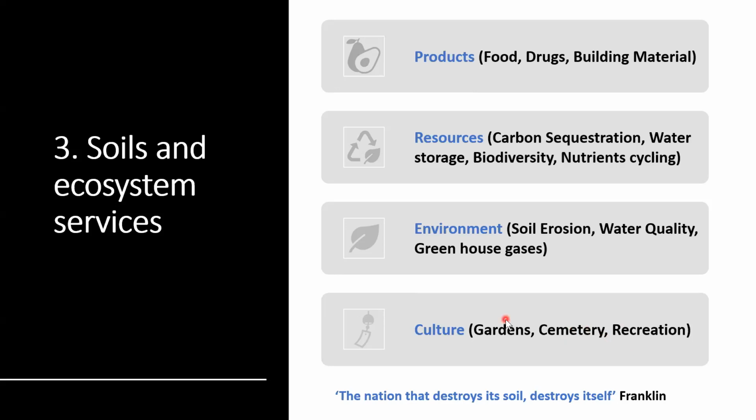Cemetery is the burying of dead bodies, of animals and humans, so the soil is working for us in that sense as well. Then recreation, sports, and many other activities are done on the soil surface. So these are basically the ecosystem functions.